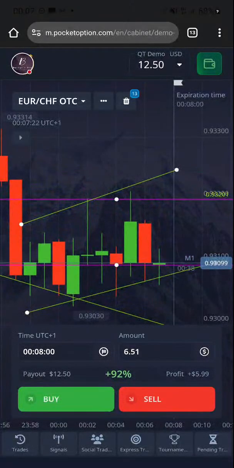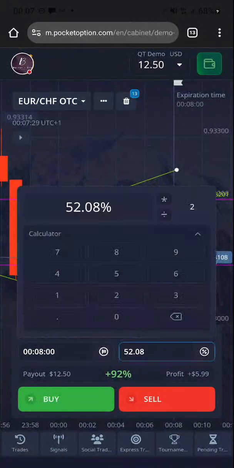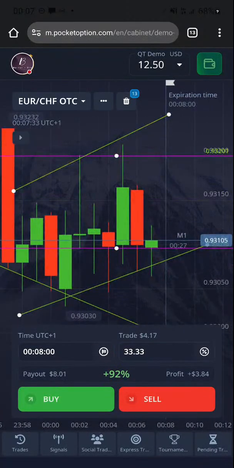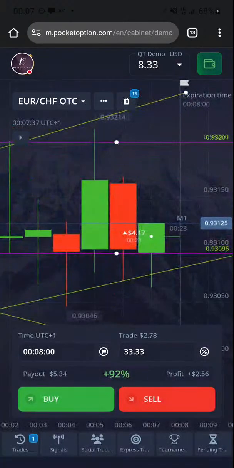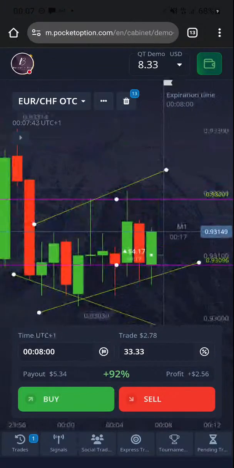So we might actually have a green candle here. I wanted to enter down here, very close to this round number, but the market jumped.